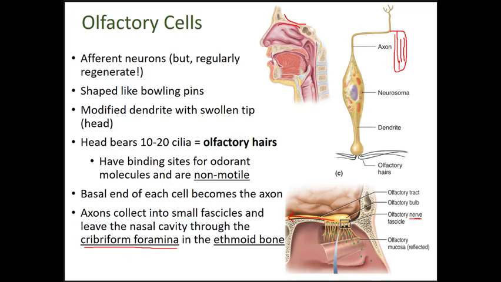So let's see if we can almost take this entire structure here and place it down here. And then we'll have a whole bunch of them come together. The axons will form a fascicle, and they will penetrate through this cribriform foramina, becoming part of your olfactory nerve, transmitting the sensation of whatever odor you've breathed in, represented here. And then you'll interpret it as to what that smell is, but also whether or not it's something that you like or don't like.